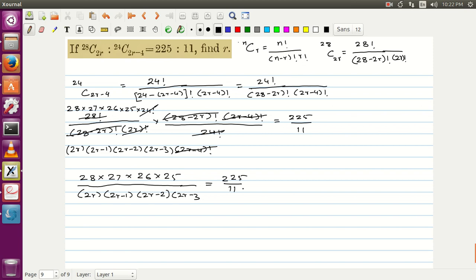And now if you see, actually this equation is going to be a fourth power equation. So the correct way is to solve this fourth power equation, but we will not do this.